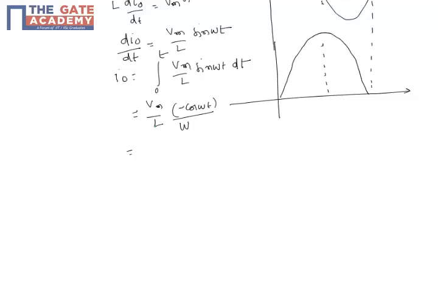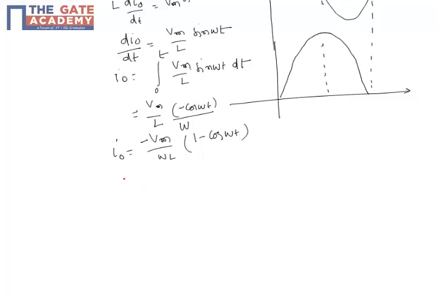If I substitute t, this will become Vm by omega L into 1 minus cos of omega t. So this is I naught, because when you substitute, this will become minus cos omega t minus of 1, or I'll put the minus here.